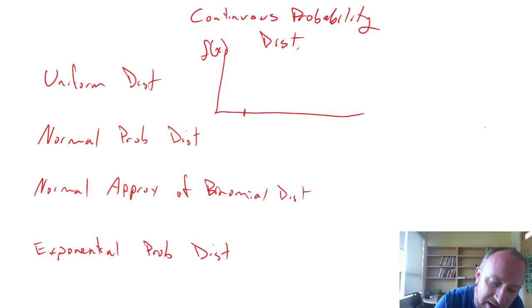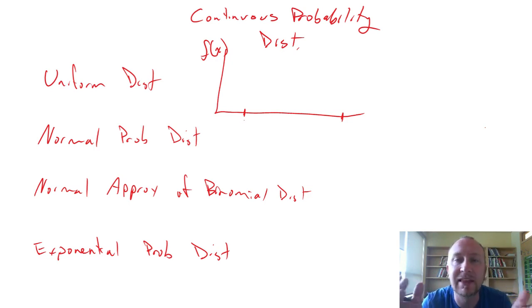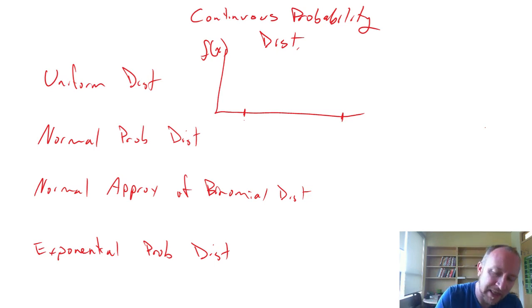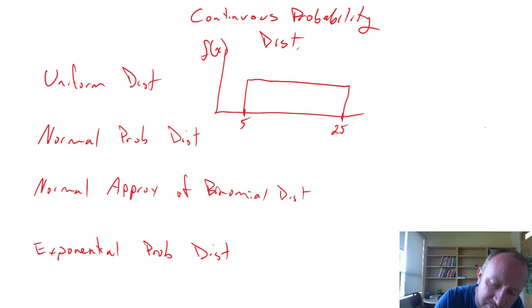Let's say we talk about the length of my videos. Maybe my videos are uniformly distributed. None of them are shorter than 5 minutes, and none of them are longer than 25 minutes. And so they're evenly distributed between those two values, that minimum and that maximum.